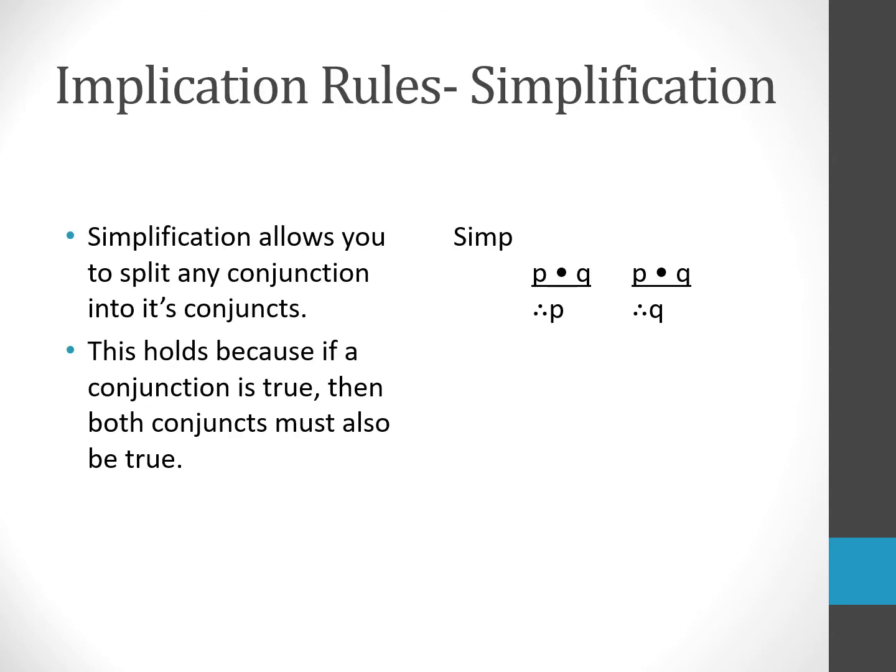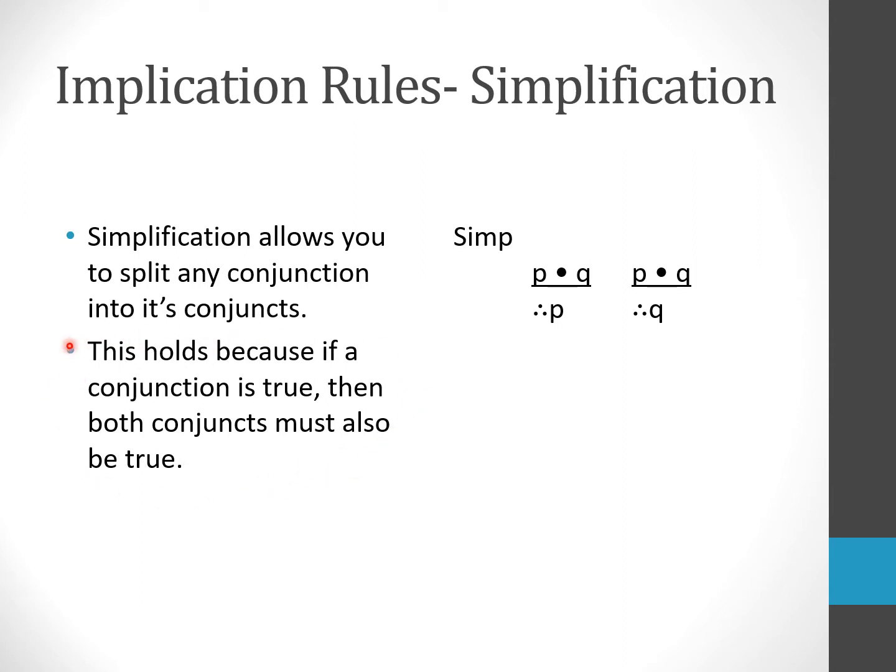So our first rule is simplification, and it's a fairly simple rule, as you might expect. Simplification just says that whenever you have a conjunction on its own line, you're allowed to split that conjunction into its conjuncts. And that makes sense because, again, when we're doing a proof, we assume that all the premises are true.